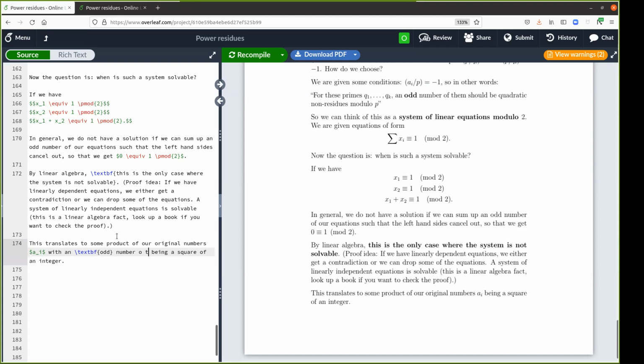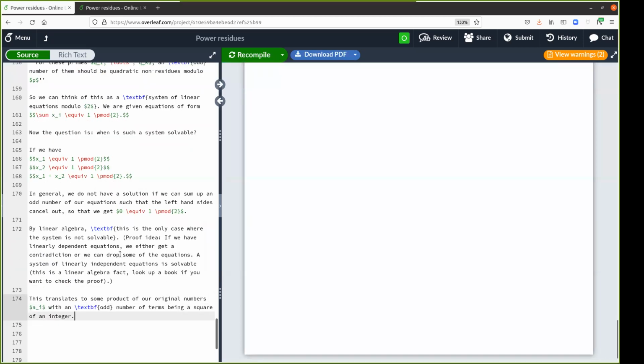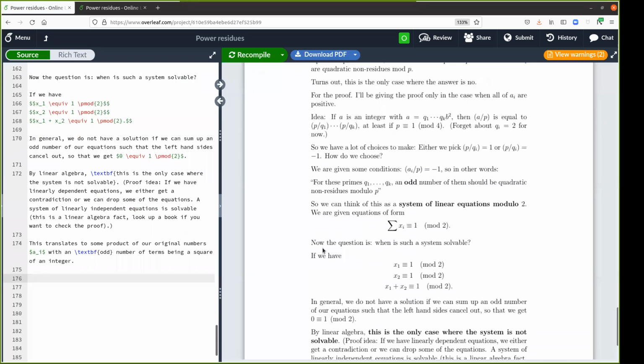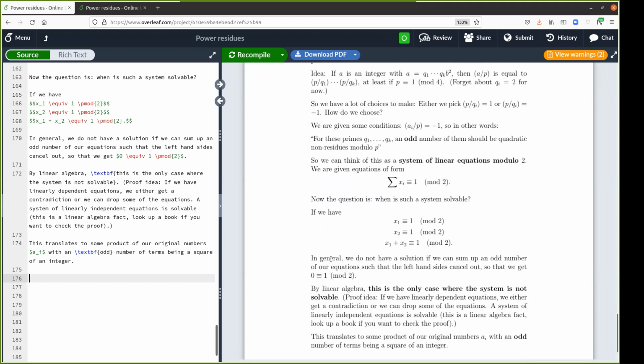How? It's basically by definition. So we have some notation here which we have to undo.